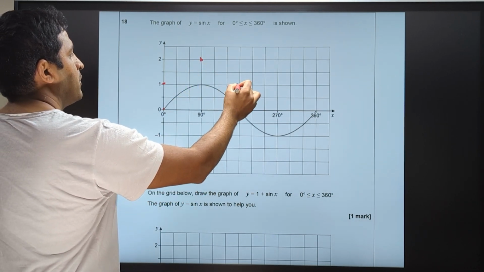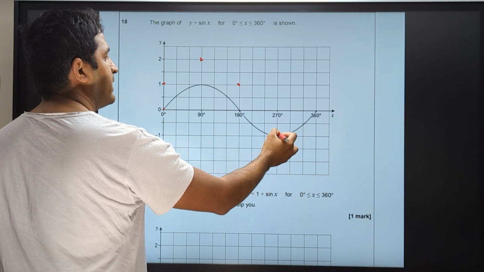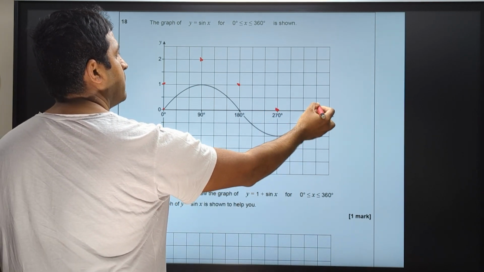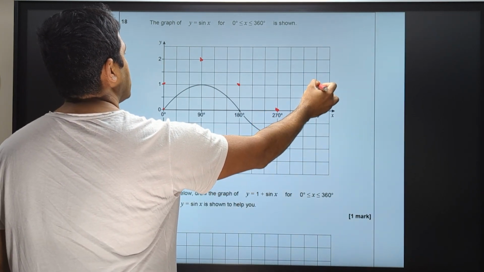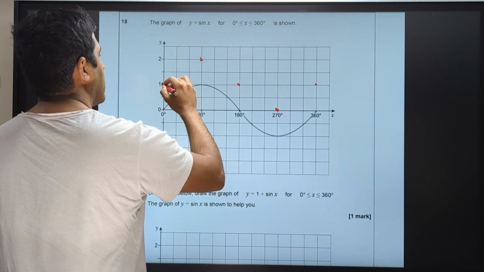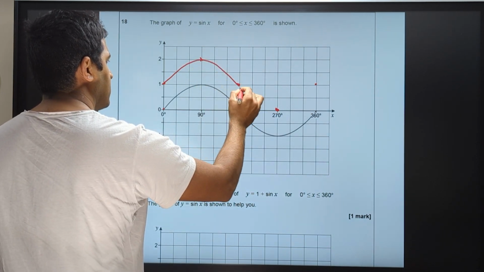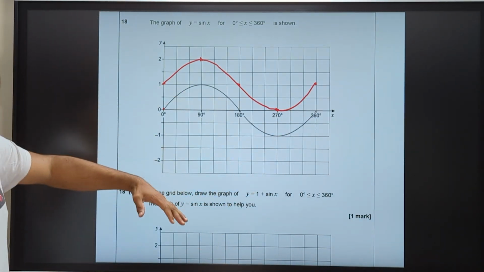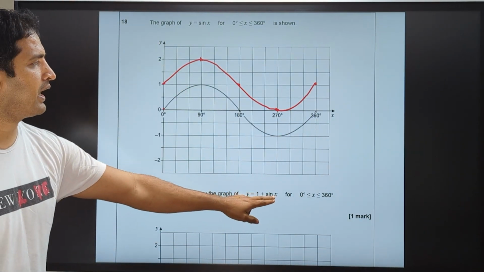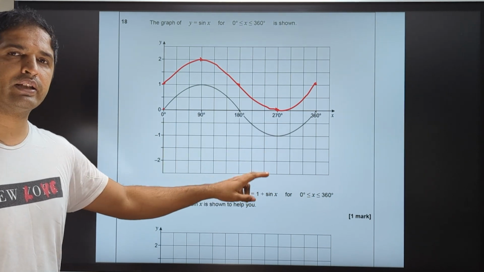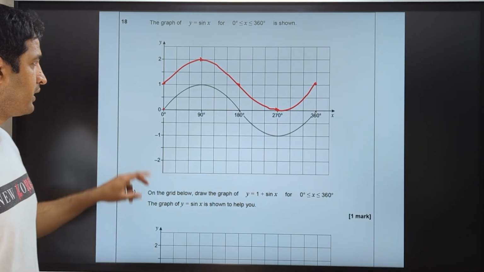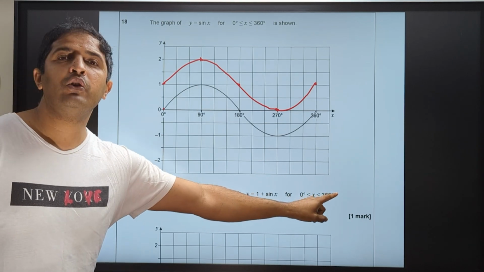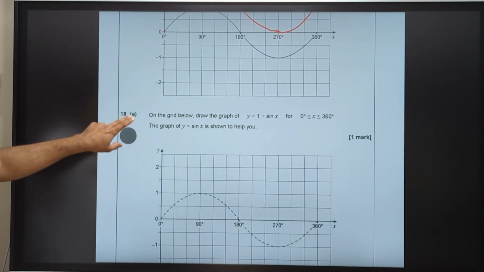Where that 0 is, move it to 1. Where that minus 1 is, move it to 0. And where that 1 is, 0 is, move it to 1. So the graph will look exactly the same, but everything shifted 1 up, okay, on that graph. So that's 1 added on to the sine x. 1 added to the sine x, you can say is sine x plus 1. And we've done the graph from 0 to 360 degrees.